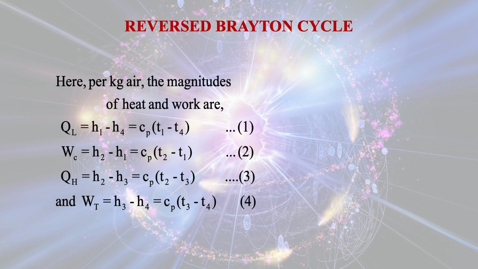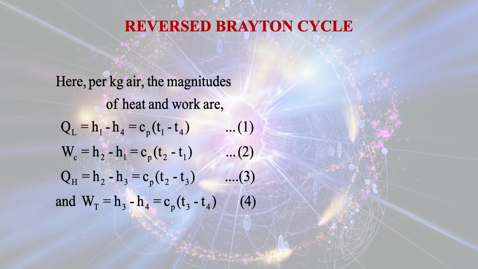QH, the heat given out by the air to the outside, is equal to H2 minus H3, which is equal to Cp multiplied by T2 minus T3, and WT is equal to H3 minus H4, equal to Cp multiplied by T3 minus T4. So here we can calculate the work done by the turbine, the work done by the compressor, the net refrigerating effect QL, and other parameters also.